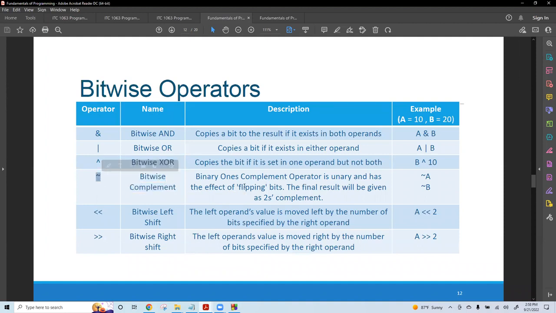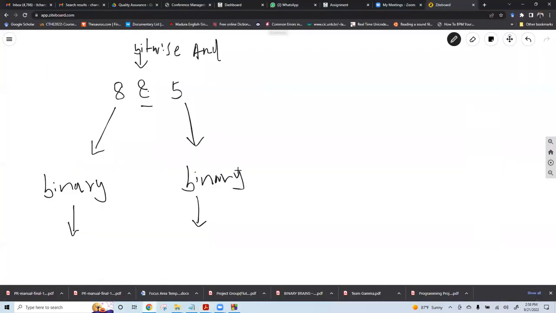The binary ones complement operator is unary and has the effect of flipping bits.